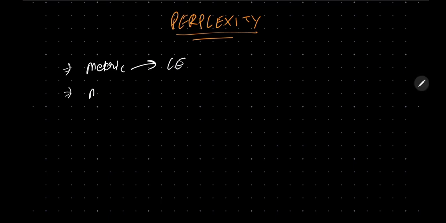So you can say it's a measure of uncertainty. Because when we talk about how well the probability distribution predicts a sample, we are talking about how good the uncertainty of the model is.